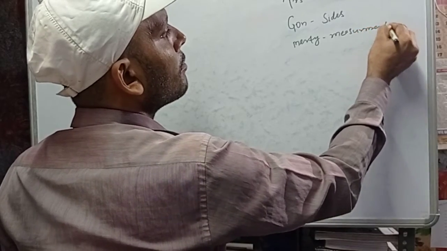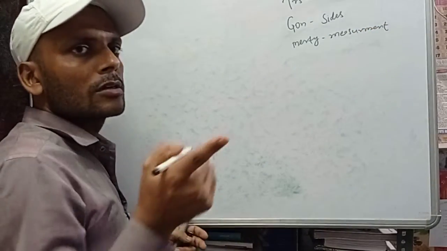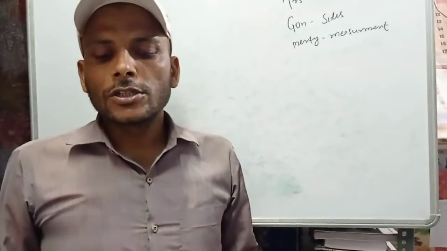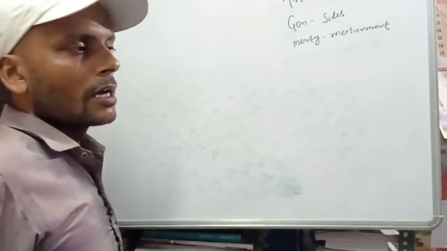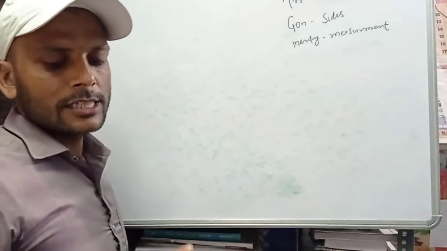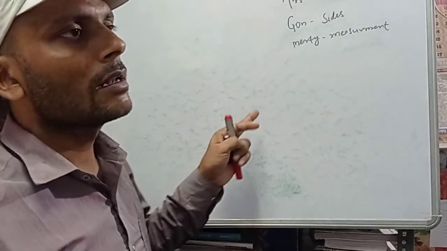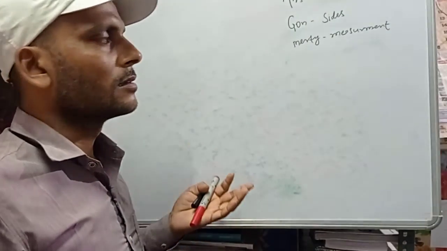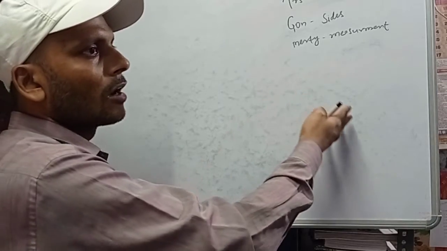Measurement of triangles is called trigonometry. Trigonometry is the study of the relation between angles and sides of a triangle.